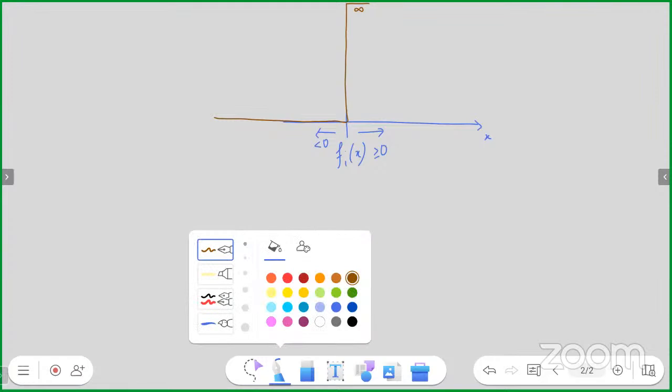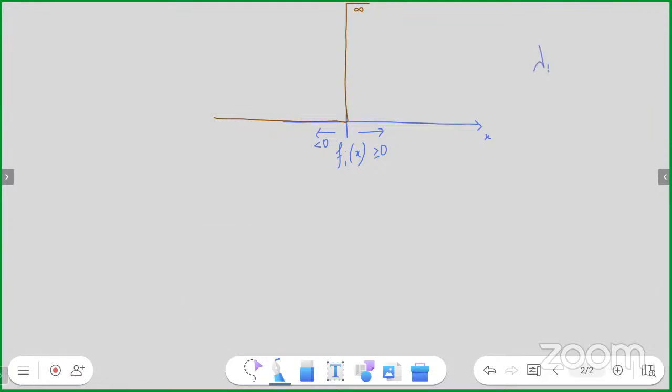The other function, sorry? And lambda is greater than 0. So it's below, and then remains below, right? Potentially going to infinity if it's increasing.